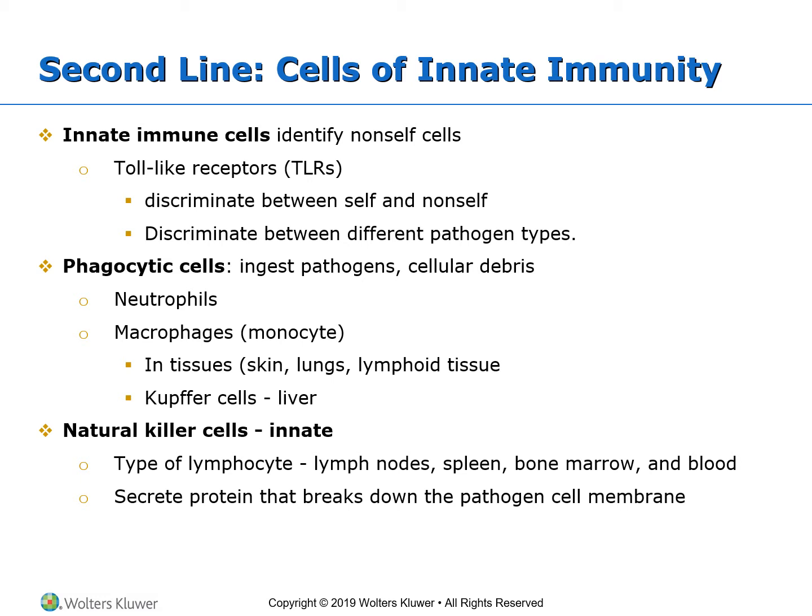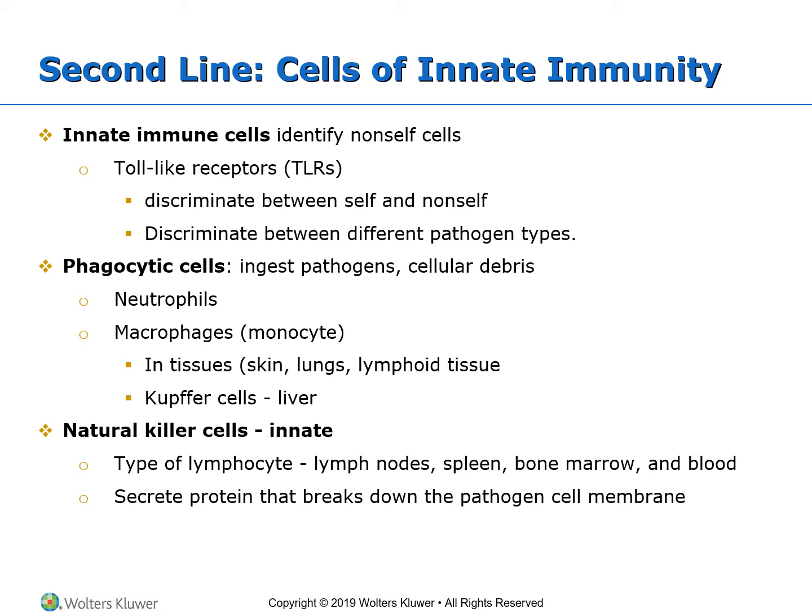Involved in this process of phagocytosis, we have the neutrophils, which are the granular leukocytes, and those are the most important category of cells. And also we have the macrophage, that are those large white cells that are transformed monocytes, that are the agranular leukocytes.